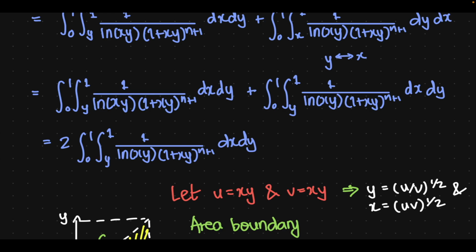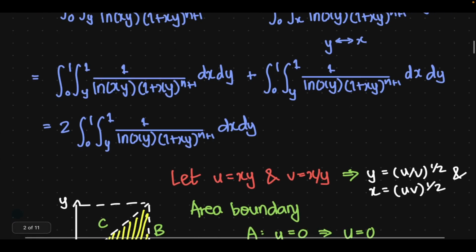I think there's a mistake here, which I will rectify right now. So, like that. And then we have u is xy and v is x by y.